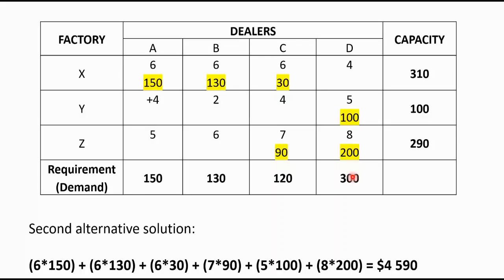So to check if it is still giving us the same shipping cost in total, then 6 times 150, 6 times 130, 6 times 30, 7 times 90, 5 times 100, and 8 times 200, still a total of $4,590.